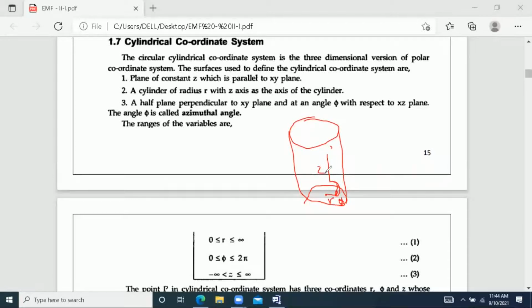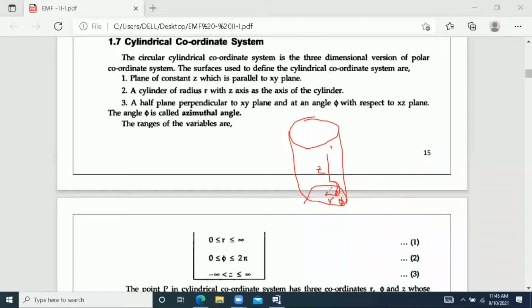So while in the Cartesian system it is x, y, and z, in the cylindrical system it's R, phi, and Z. Those are your coordinates. You with me? Yeah, sir.